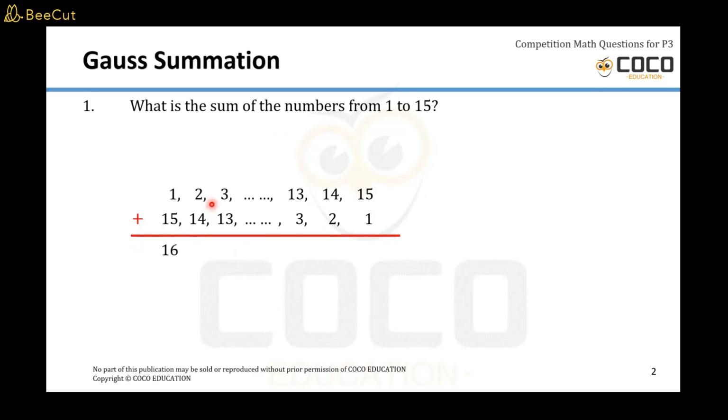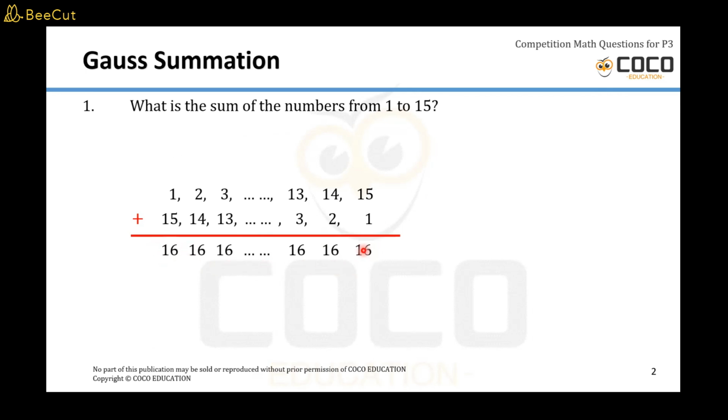And then 2 plus 14 equals 16. And 3 plus 13 also equals 16. And so on. 13 plus 3 is also 16, 14 plus 2 is also 16, 15 plus 1 is also 16. You see the result, the sum for each pair is the same.